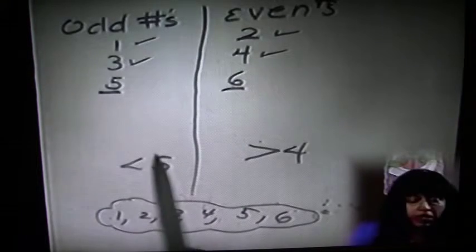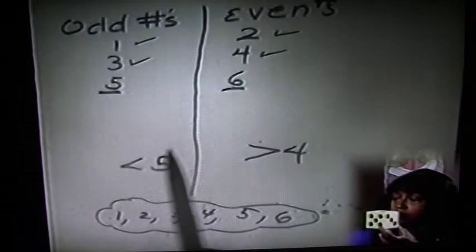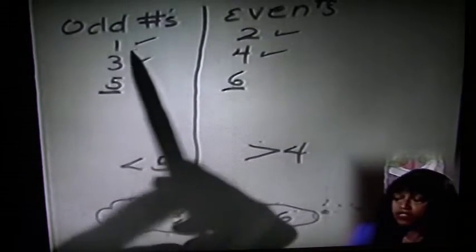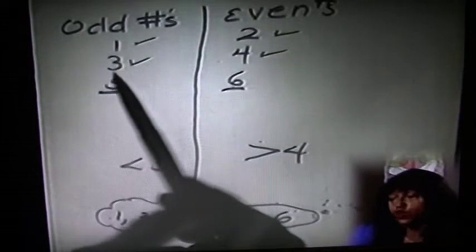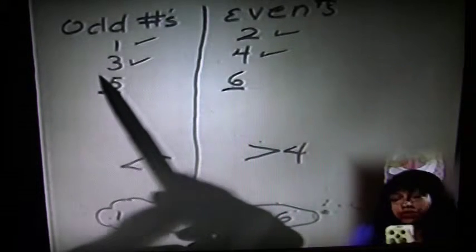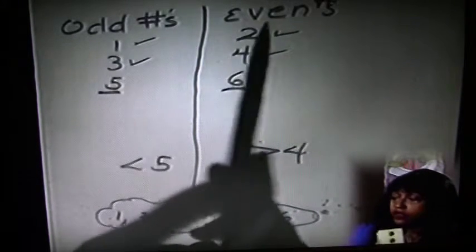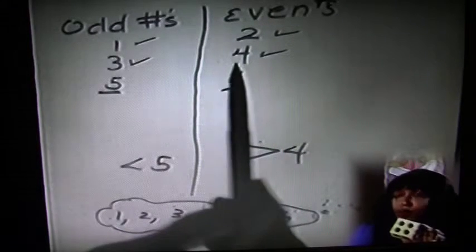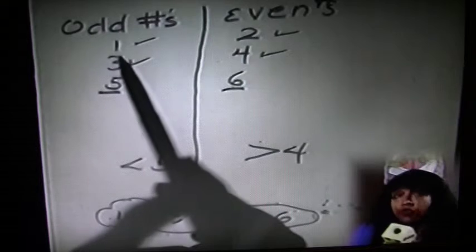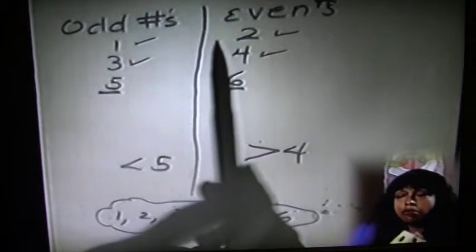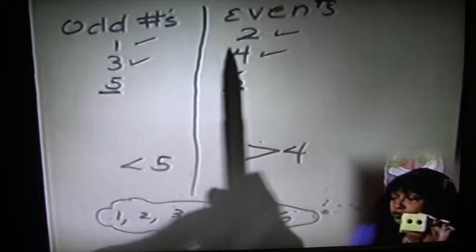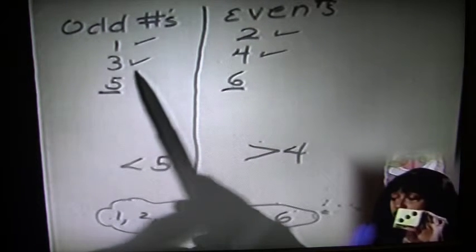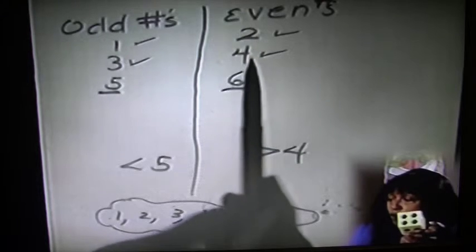We have a probability, once we toss this cube one time, to get 4 digits less than 5, and they may be 1, 2, 3, or 4.